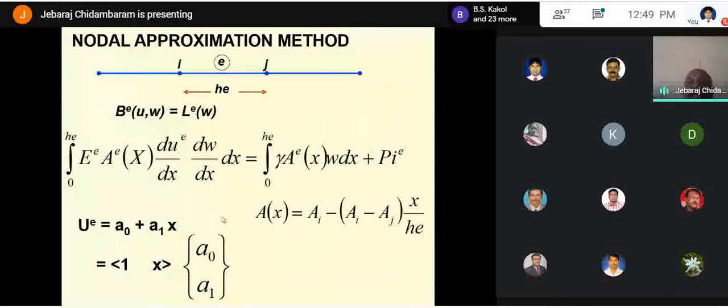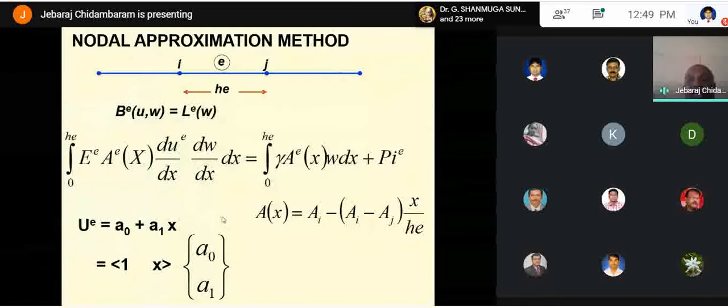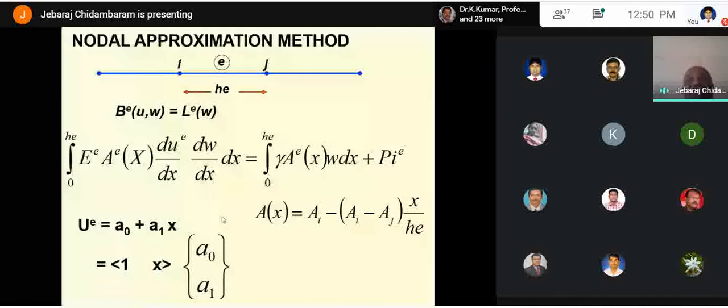Now it has the end node I and node J. So I'm writing down the equilibrium for that element. There I had 0 to L. Now I'm saying 0 to h. E of the element, A of the element, du by dx, dw by dx, and writing down the right hand side.